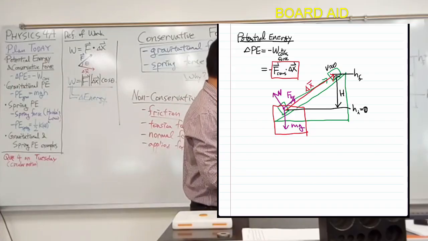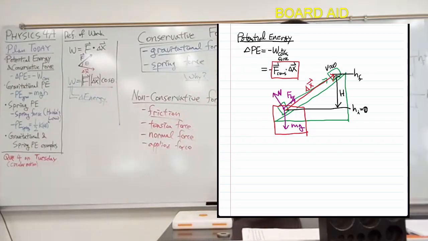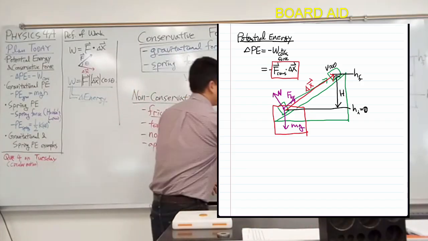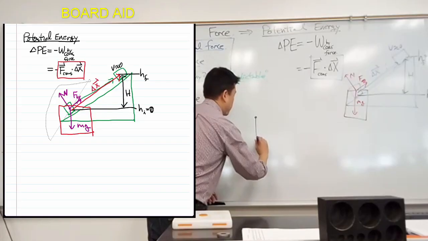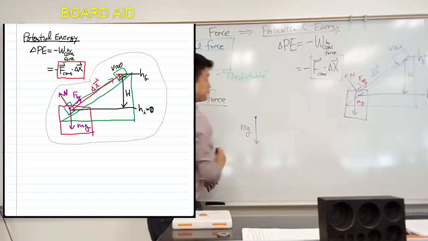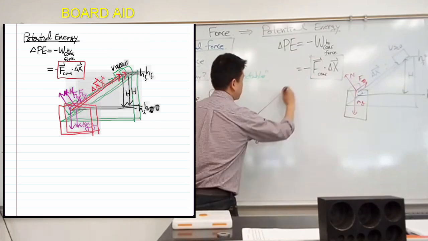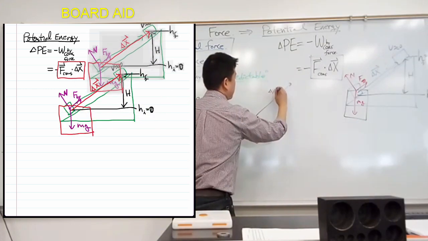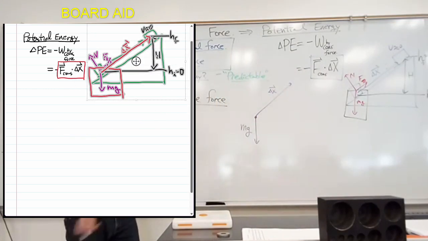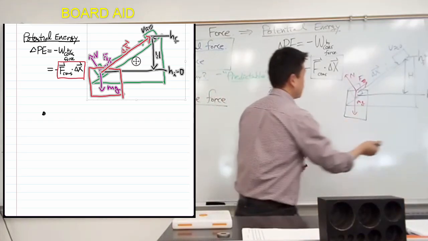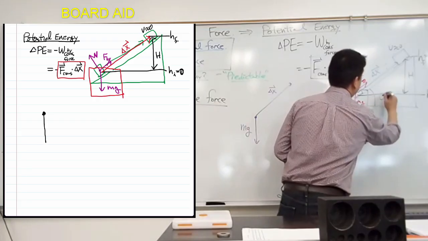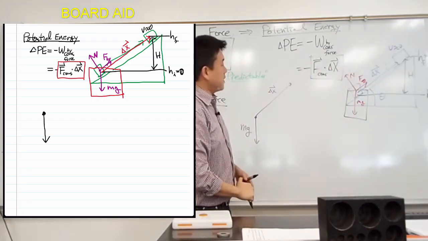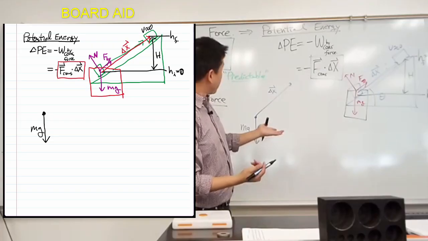Let's just try applying the definition here and see what we can get. Let me copy the figure into a clean area so that I can label things better. The gravitational force vector, mg, is downward. The displacement vector goes this way. Let me label a couple of other things that really should have been specified in the question. Somebody should have told you this angle theta.